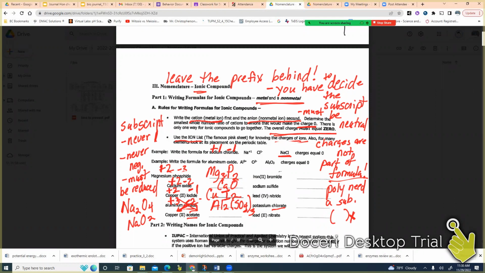Let's look at one more here, and then y'all can try a few of them. So copper, little shortcuts telling me that it is +2. Acetate is a -1. So I'm going to write my formula. Cu for copper. Is it going to need a subscript?